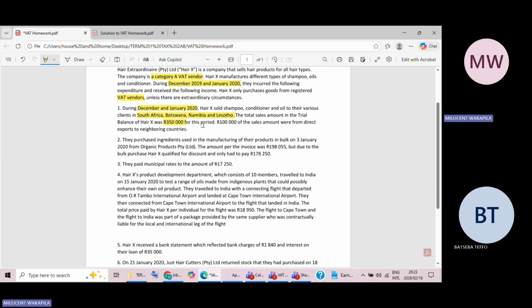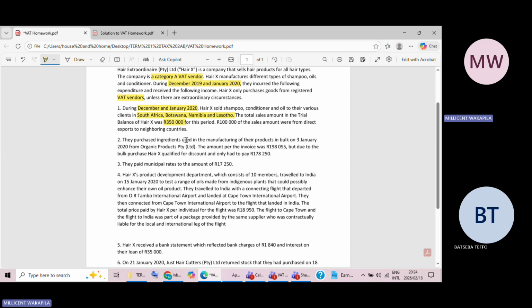So it means that on the goods that we exported outside of South Africa, we are not able to charge VAT on the sales, because those goods are zero rated, right?